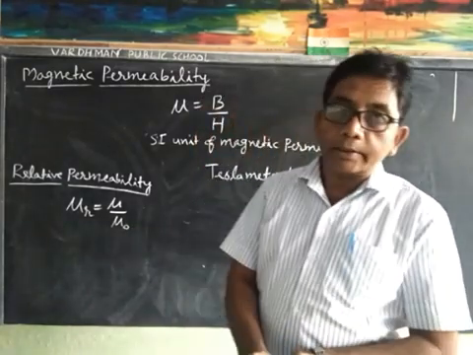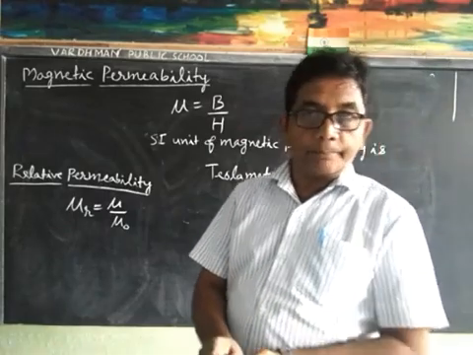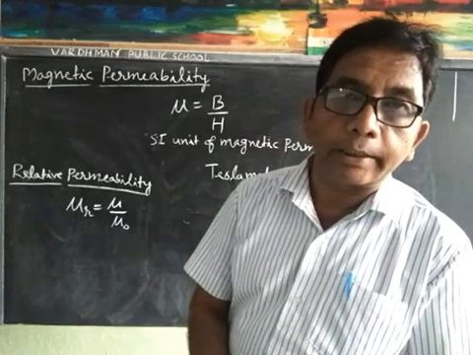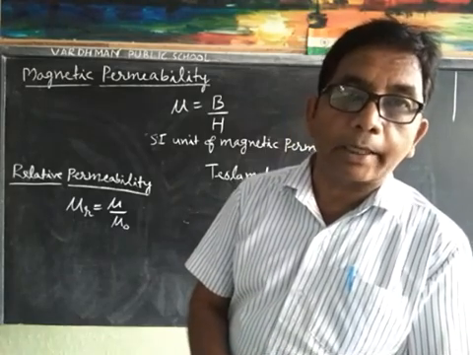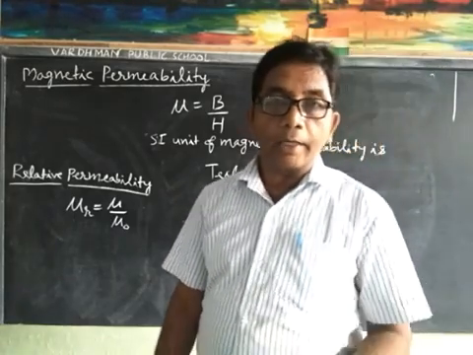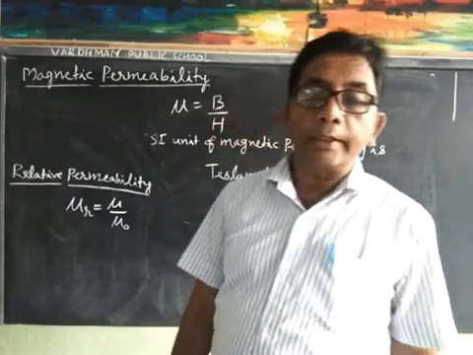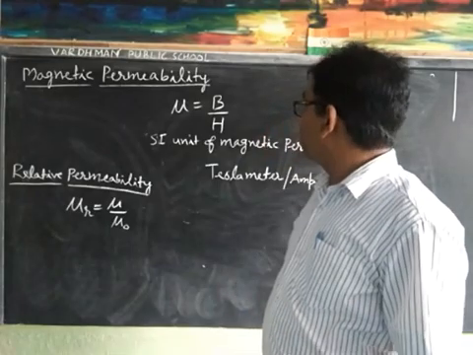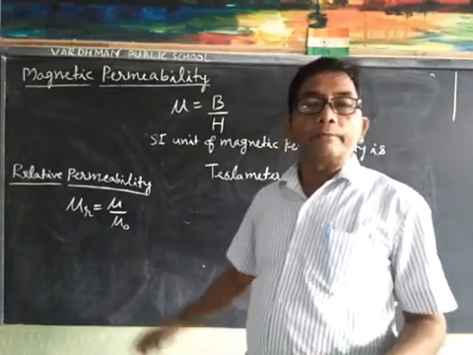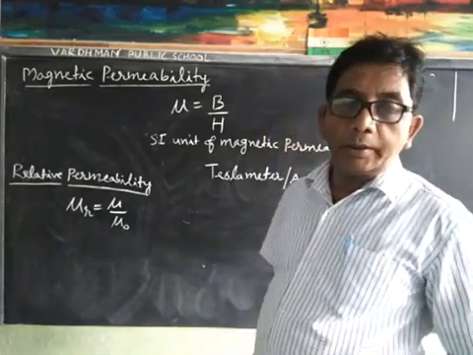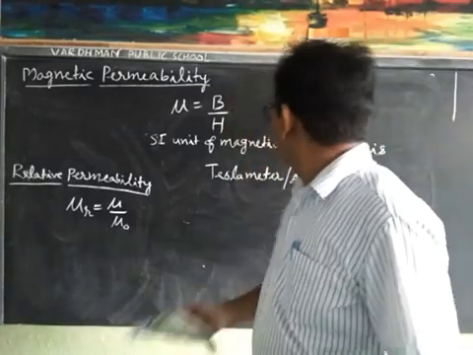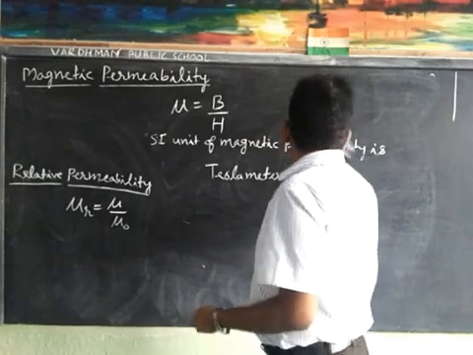If I is the intensity of magnetization, H is the magnetizing field intensity, and B is the magnetic induction, then we have derived the formula B is equal to mu 0 (I plus H).